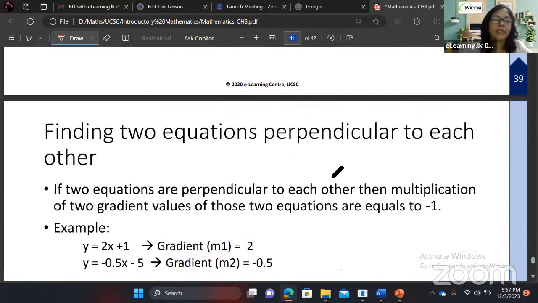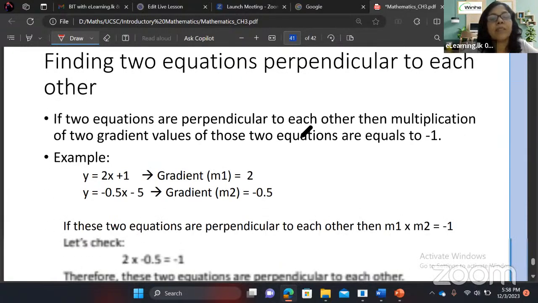The other thing is, now we know if it is parallel, the gradients are equivalent. The gradients have the same value. If it is perpendicular, if two equations or two straight line graphs are perpendicular, then how do you find whether it is perpendicular?